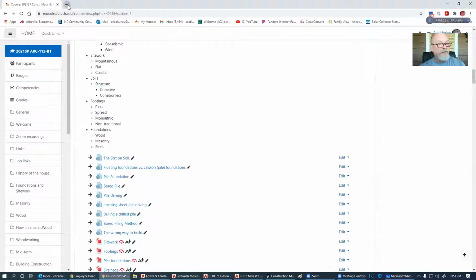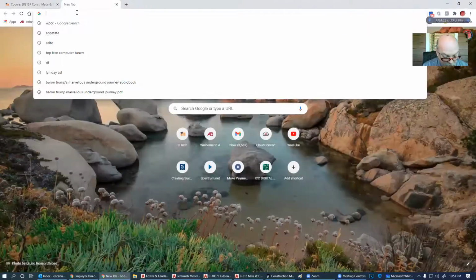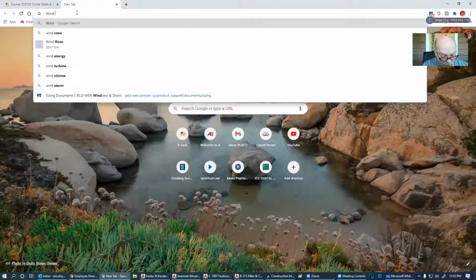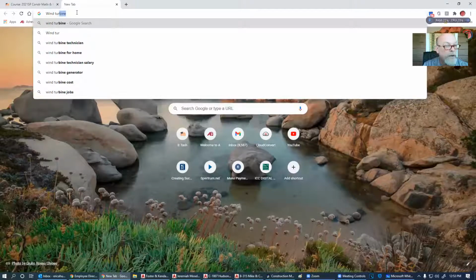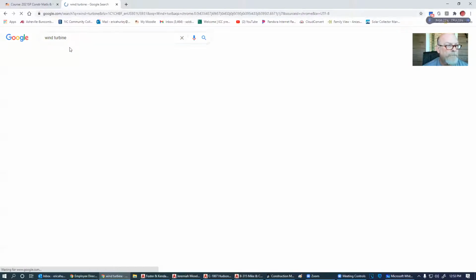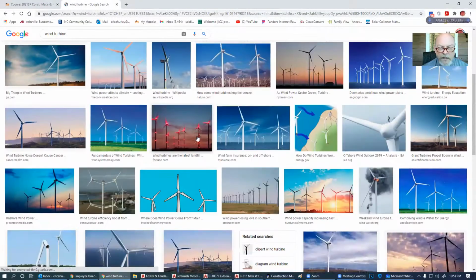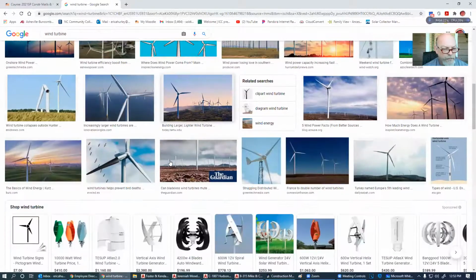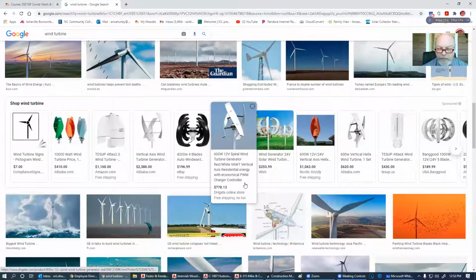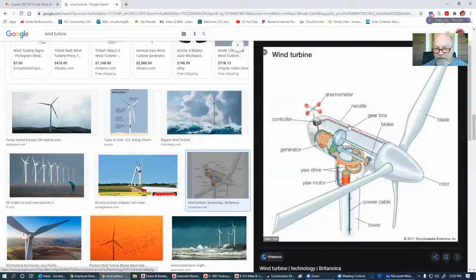The nacelles, let me explain to you what a nacelle is. Find a good picture here. There we go. This is a nacelle.